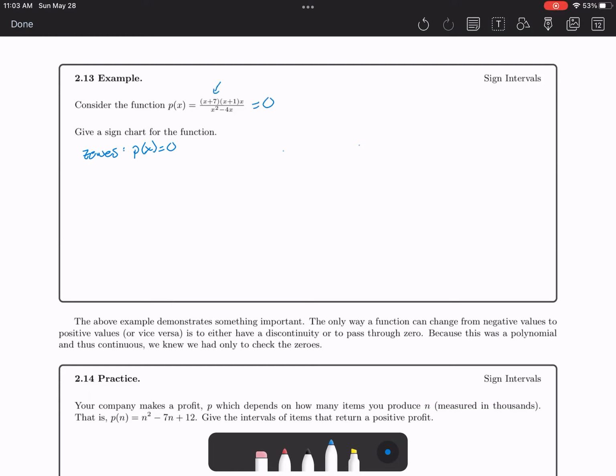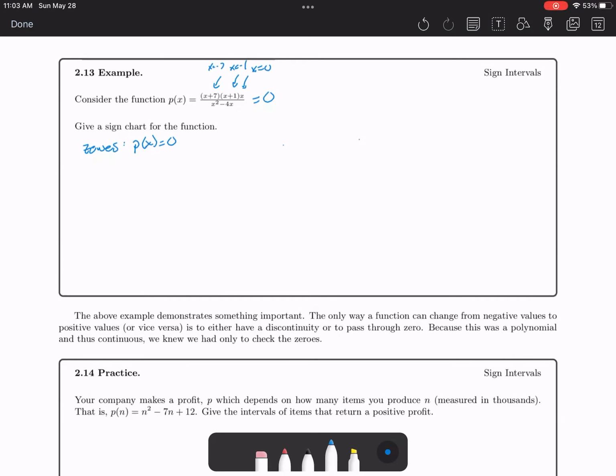Right, so what's going to make the factors in my numerator 0? X is equal to 0, x is equal to -1, x is equal to -7. These are all places where I need to check my function. So -7, -1, and 0.